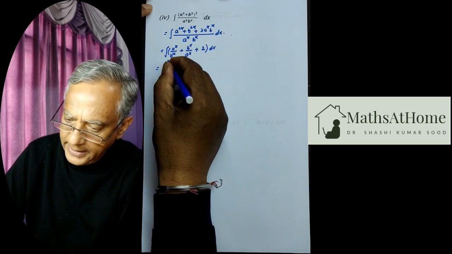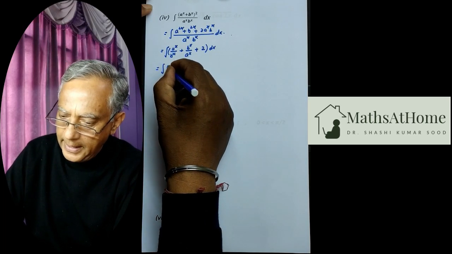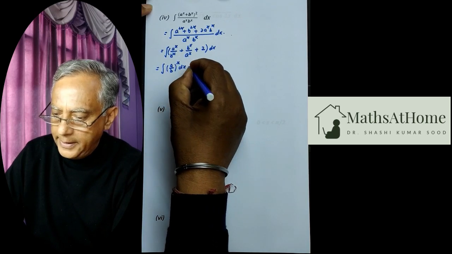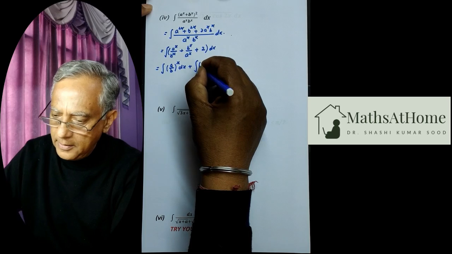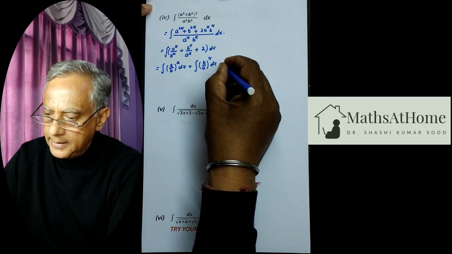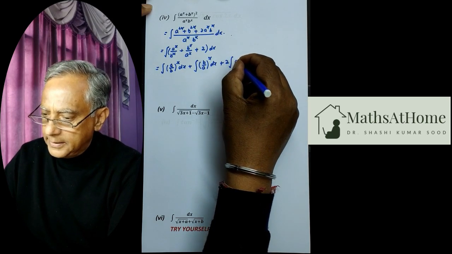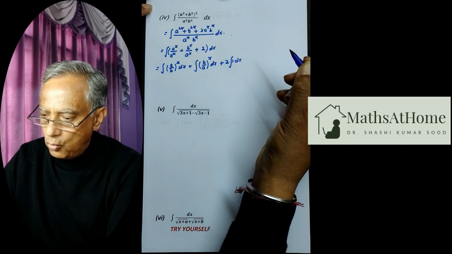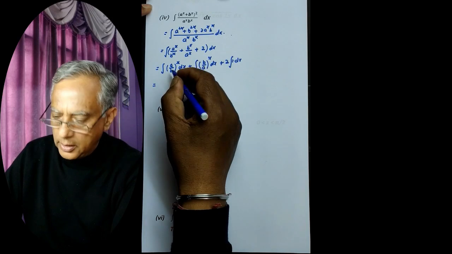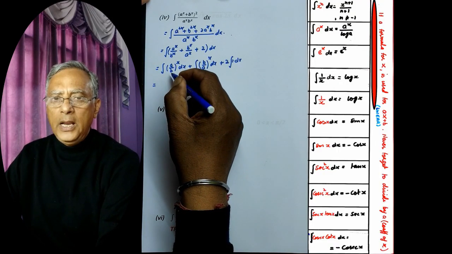Now we can separate all these terms. This will be the integral of (a/b)^x dx plus the integral of (b/a)^x dx plus 2, which is a constant and has been taken outside, times dx. Now the integral of a^x is a^x over log a.